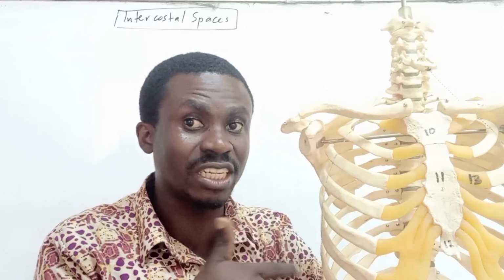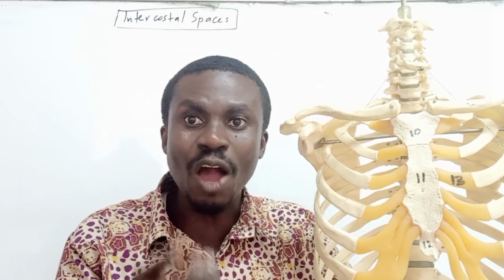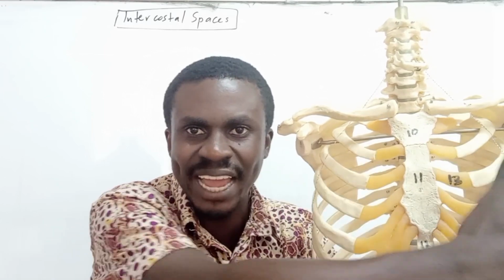So there are intercostal spaces. Now for us to know the number of intercostal spaces that we have, you have to answer this one for me: how many pairs of ribs do we have in the human body? On either side of the body, how many ribs do we have? I'm sure you will tell me that we have 12 pairs of ribs.